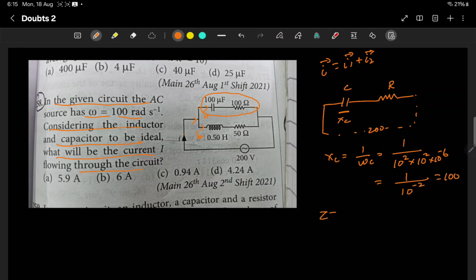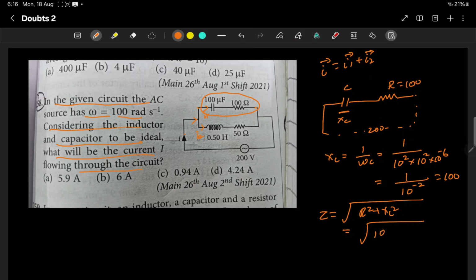So here your Z, the total resistance of the circuit, is nothing but the root of R square plus XC square. This is 100, am I right? Yes, this is 100.